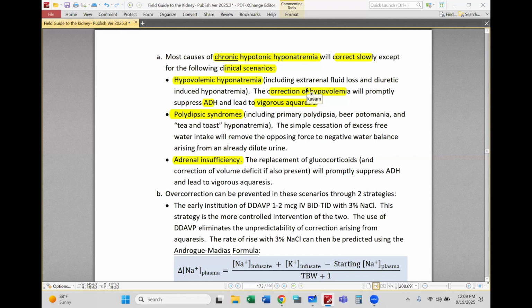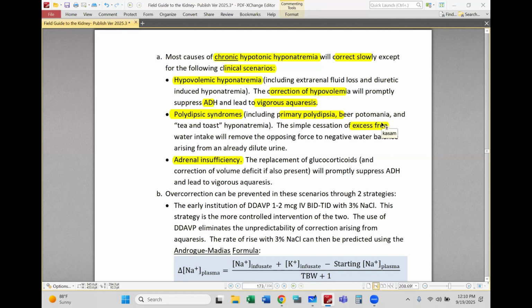The patient who has polydipsic syndromes, the most simple of which is primary polydipsia, with beer potomania and tea-and-toast hyponatremia, as we already covered, being variants of that. Simply stopping the excess free water will result in a sodium that blasts off, right?